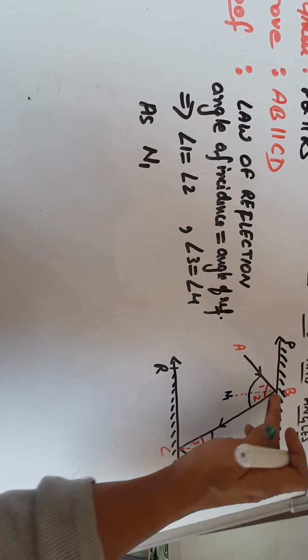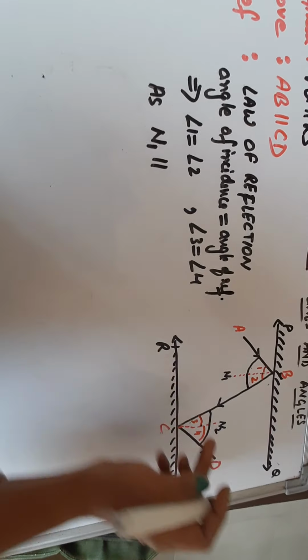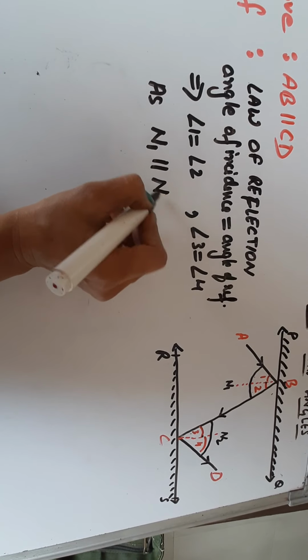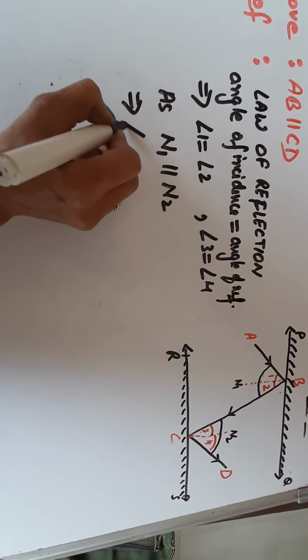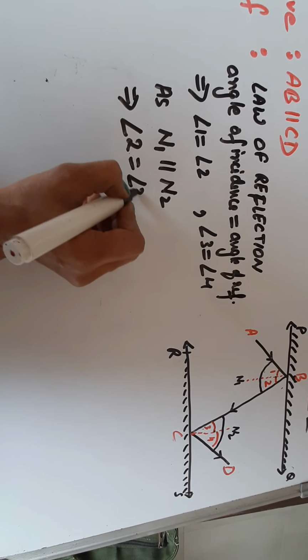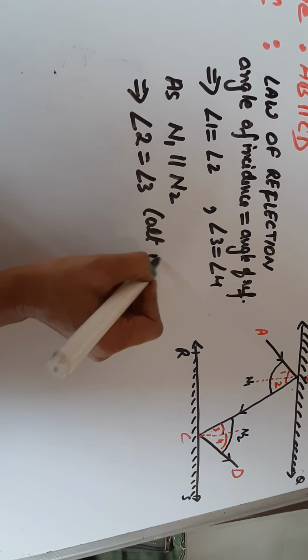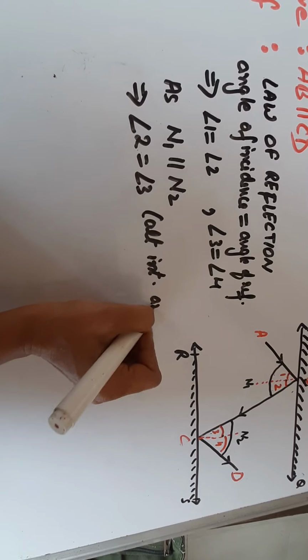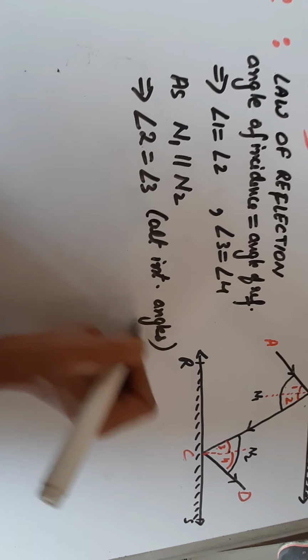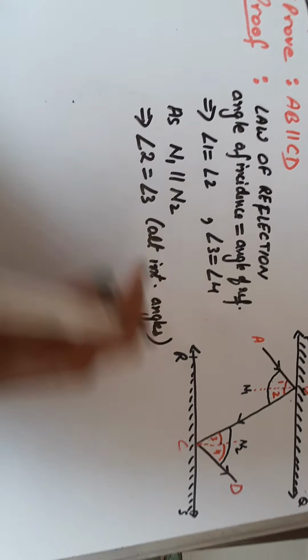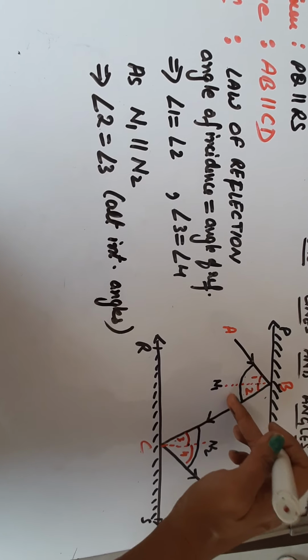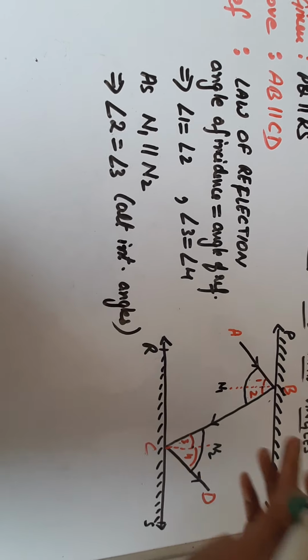Normal n1, this line is parallel to normal n2. This implies angle 2 is equal to angle 3, alternate interior angles, right? These two are alternate interior angles, parallel lines on left side and right hand side, that's why these are alternate.